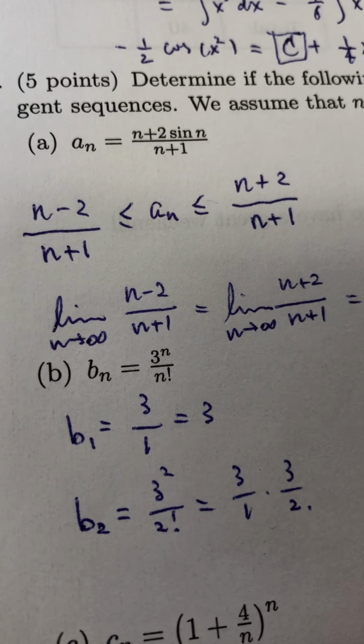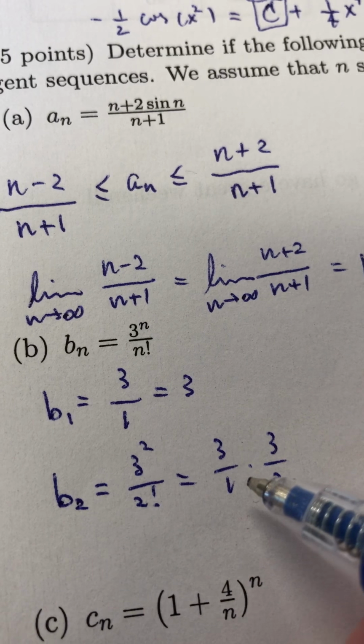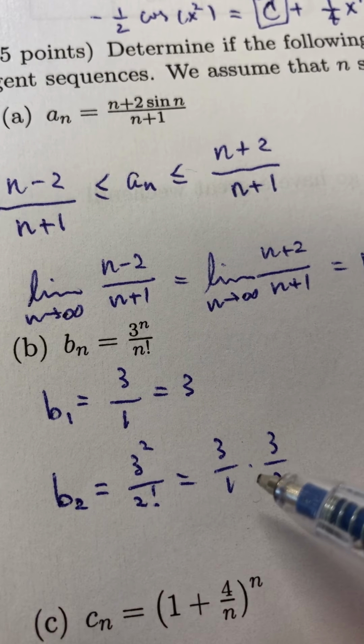Since 3 over 2 is a number greater than 1, and 3 over 1 is just b1. So b2 is greater than b1.